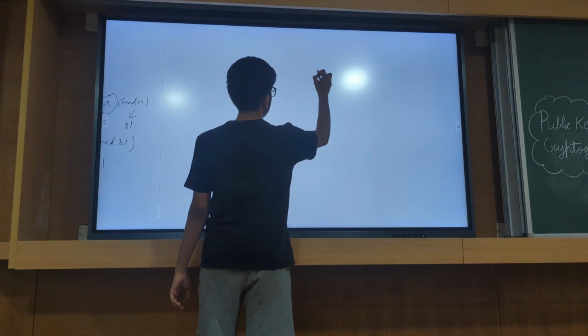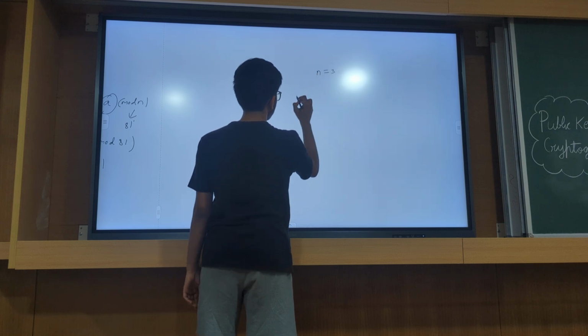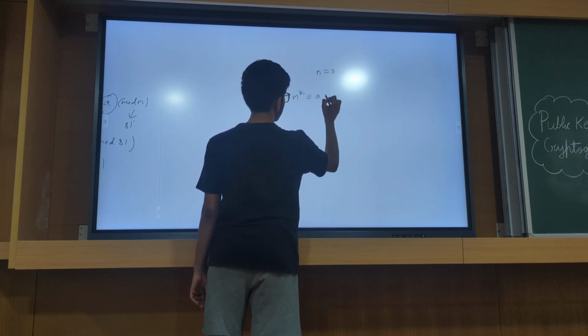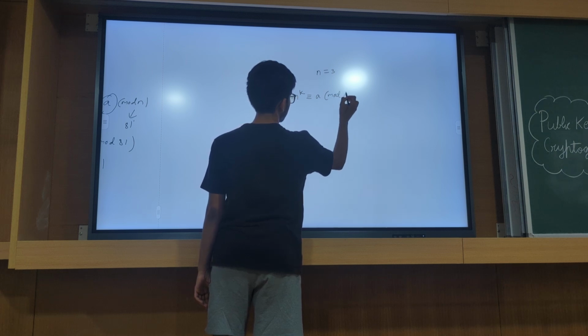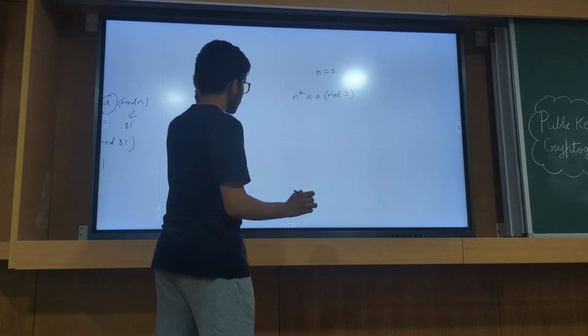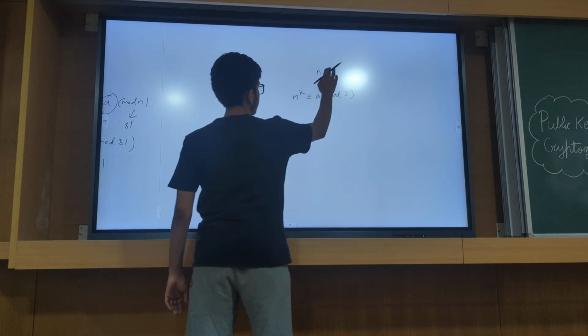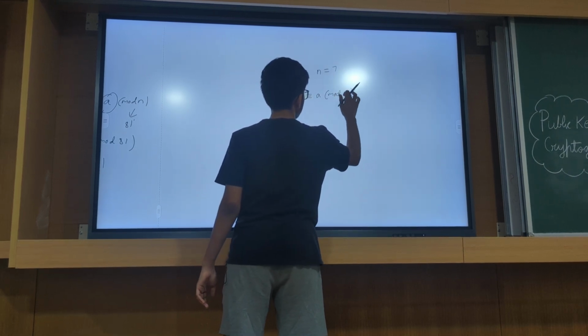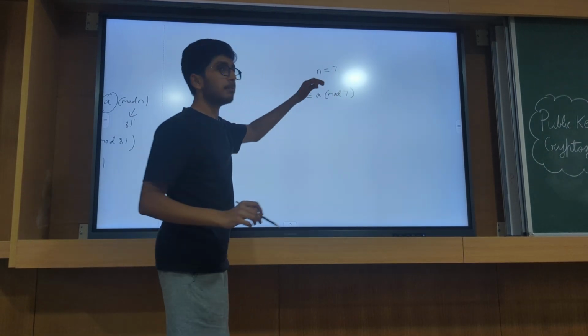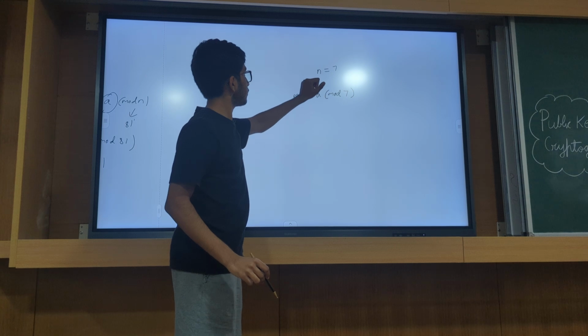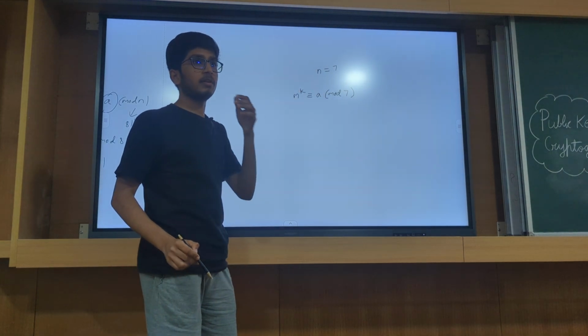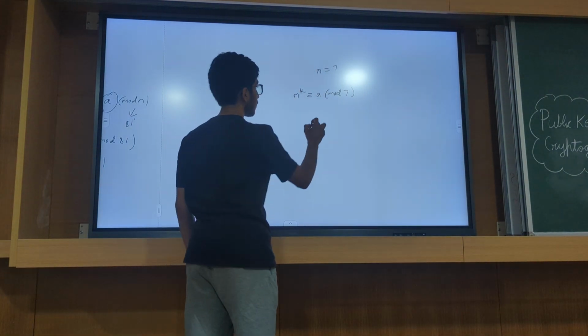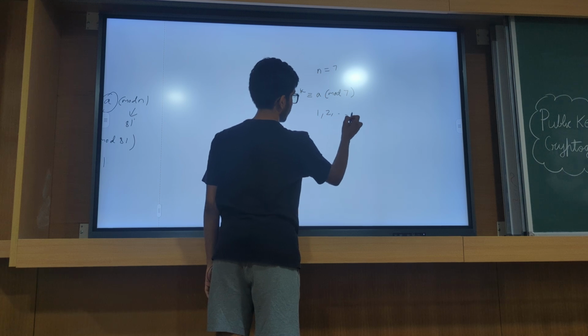So let's say you have n equal to 3. Look, 3 is small. Let's say n equal to 7. What are the numbers which are less than 7 and co-prime to 7? All, because 7 is a prime number.